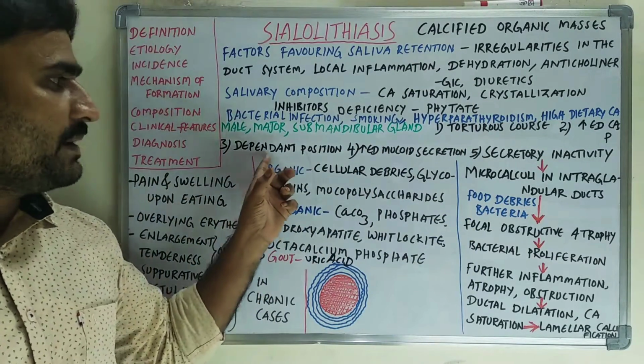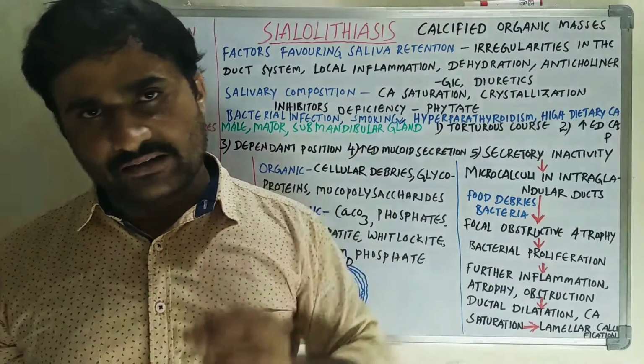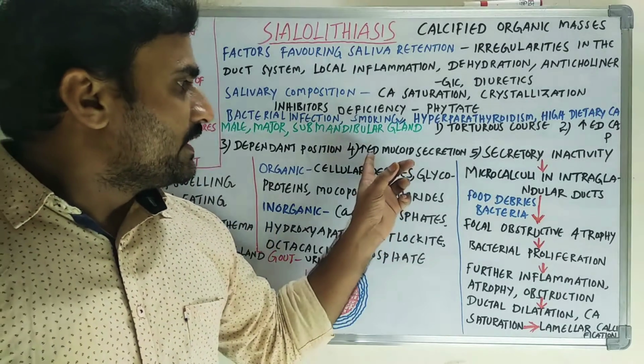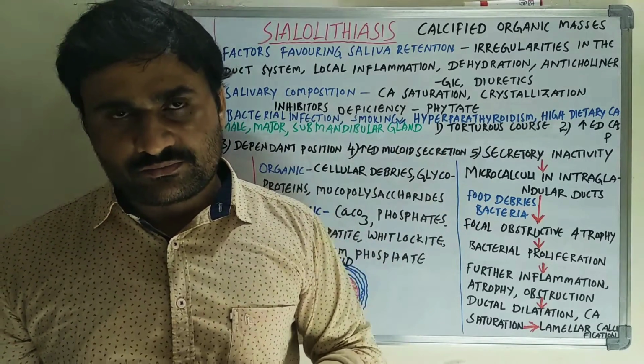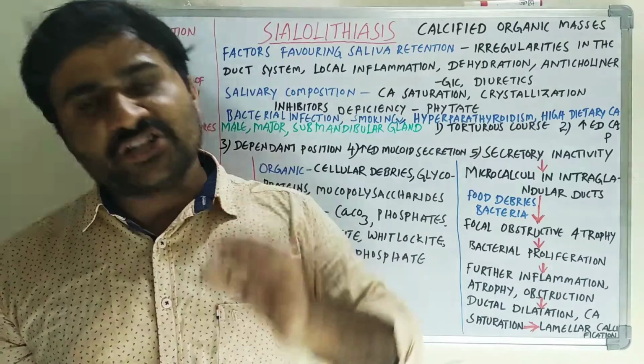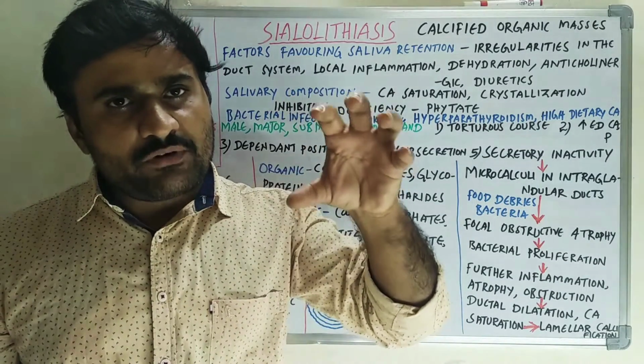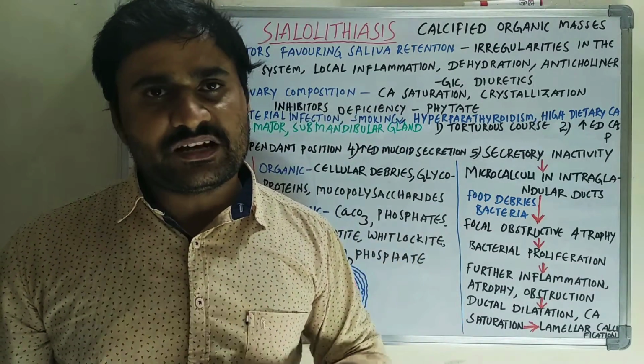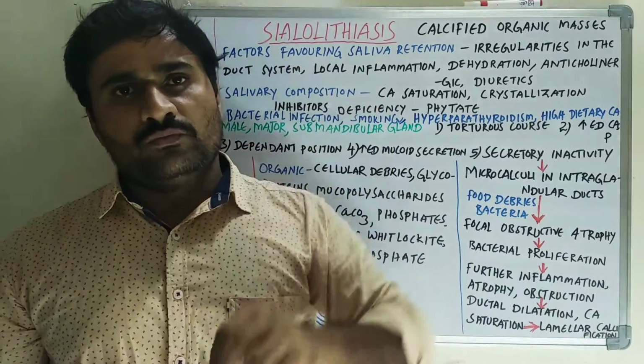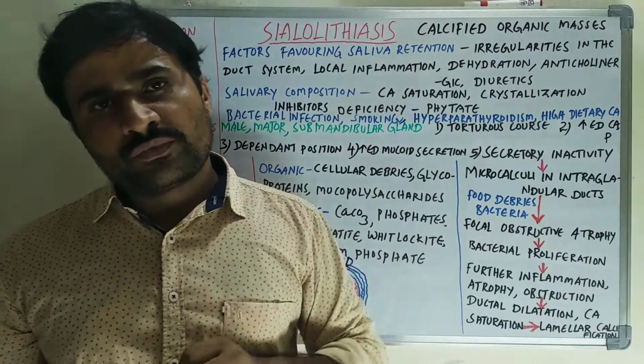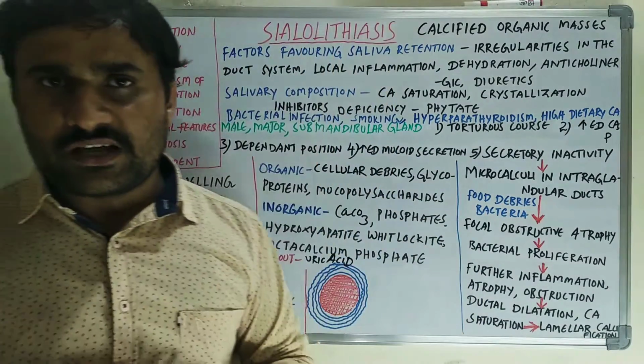And there is the dependent position of the submandibular gland and increased mucoid secretion. Because of the increased mucus secretion, the saliva will become viscous. That is less flow, and that will lead to sialolithiasis.